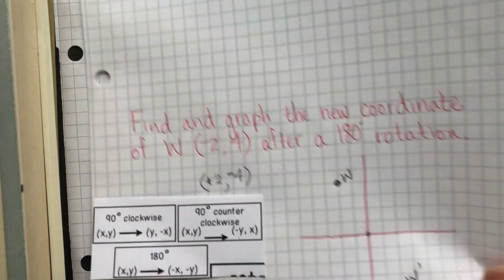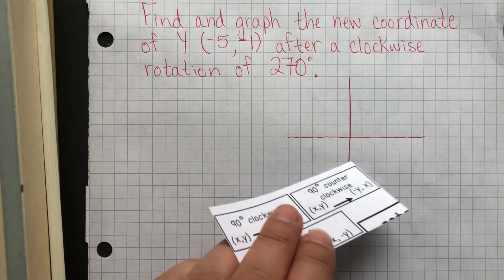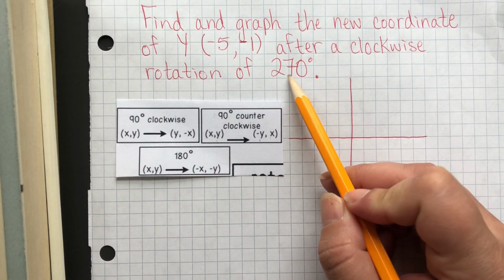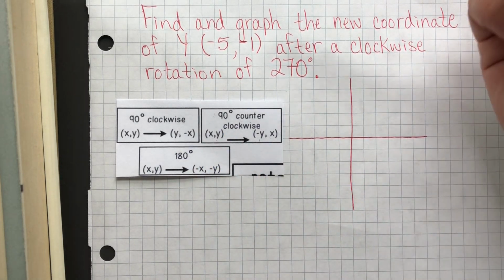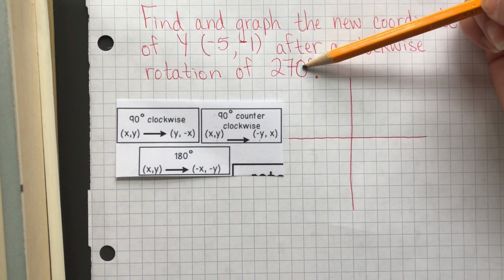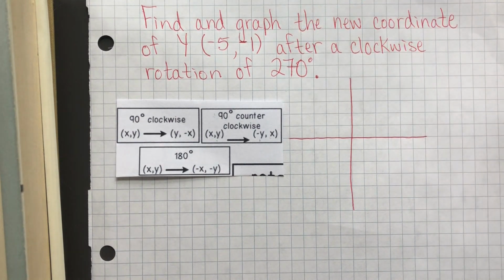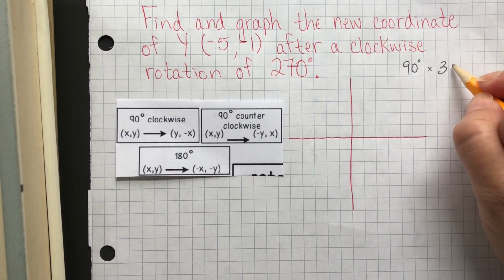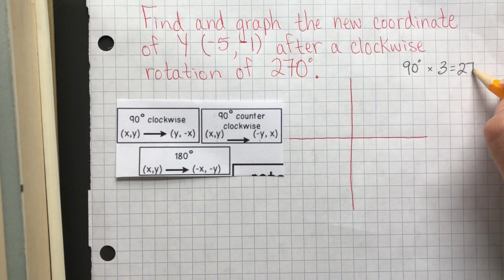Okay, and then the last one you'll have will be a clockwise rotation of 270. Now you don't see that on here, so we have to figure out how many 90s are there in 270. And we'd say 90 degrees times 3 would be 270.